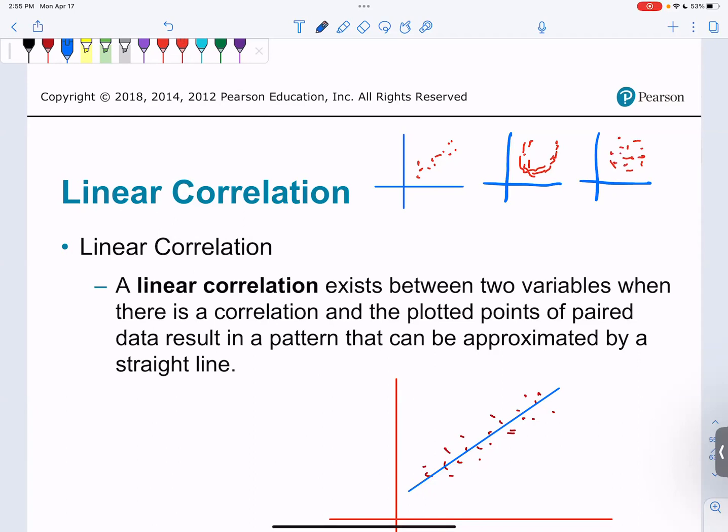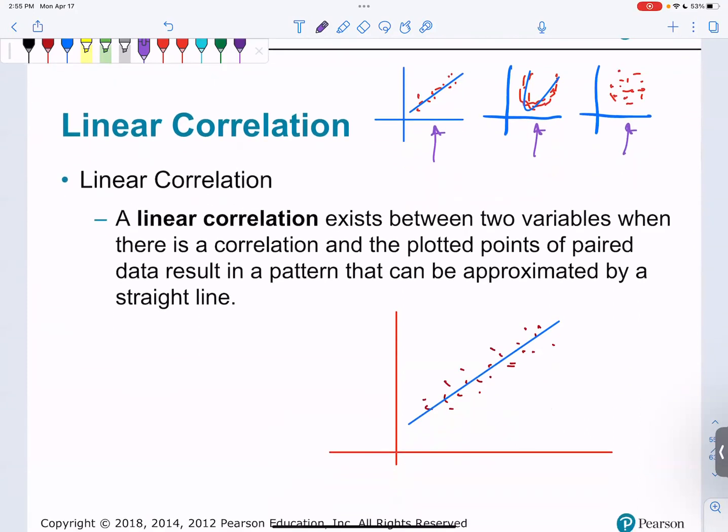So we can say linear or non-linear somehow, and then no relationship here. Okay, so linear relationship, non-linear, no relationship. So this is the form.